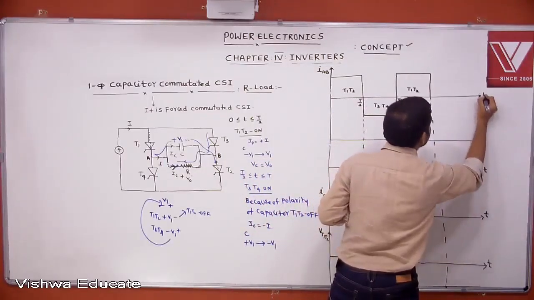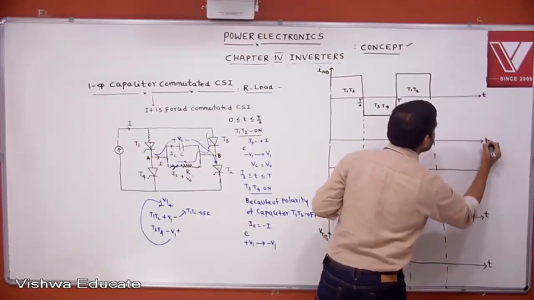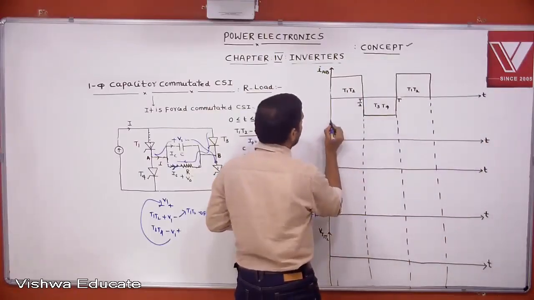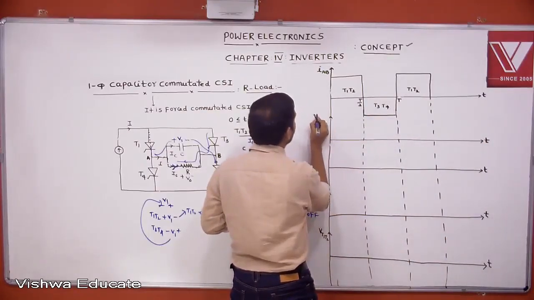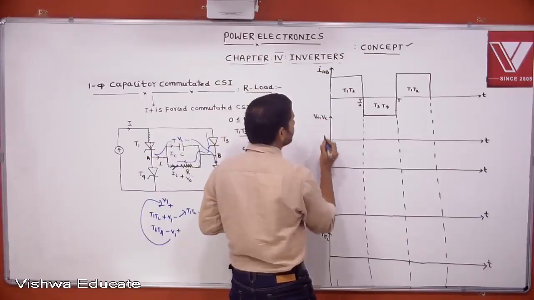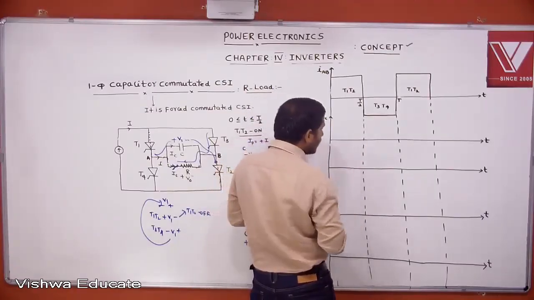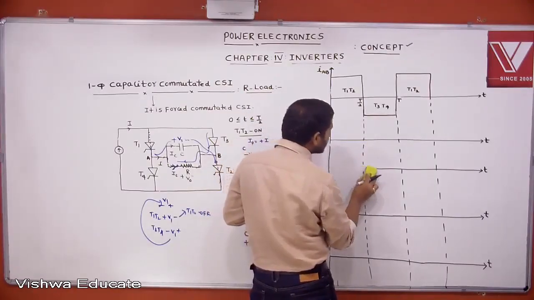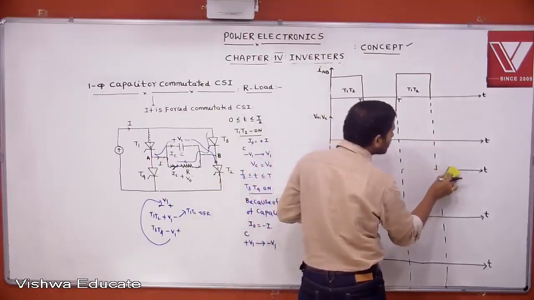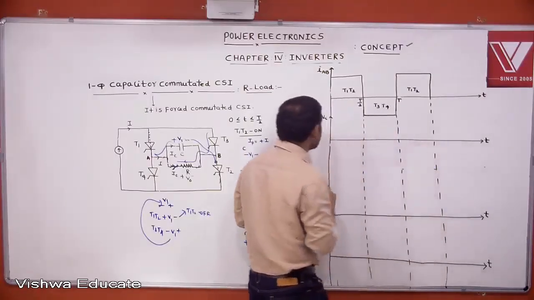Here I am drawing, this is T and this is also T. Here I am drawing the V0 or VC waveform. If you take V0 or VC waveform, the voltage across the capacitor is changing like this.